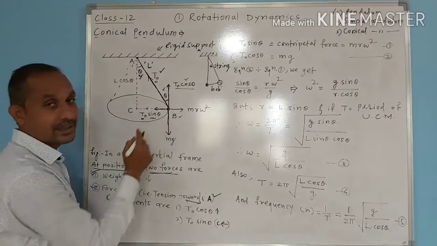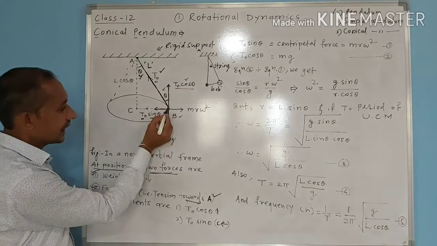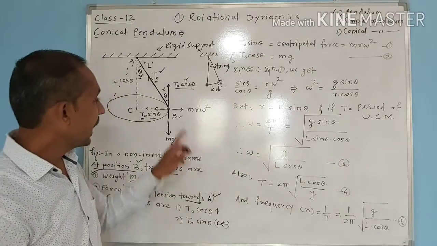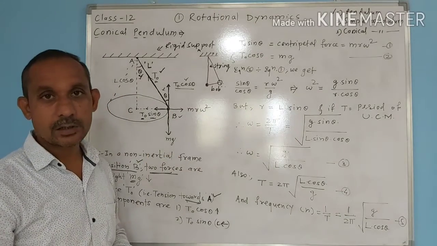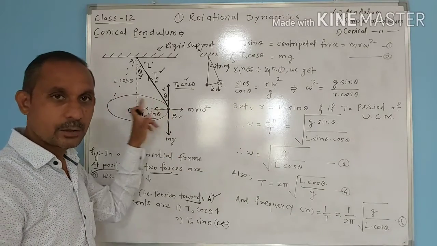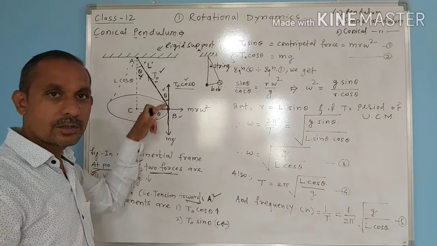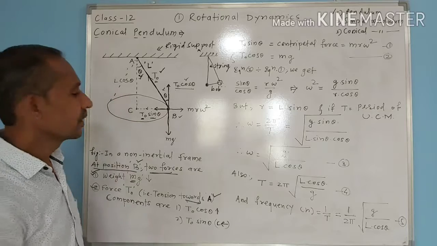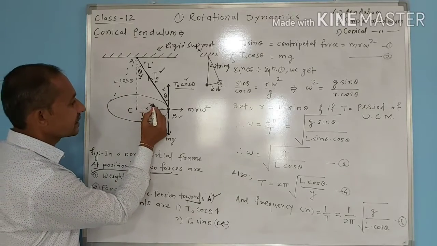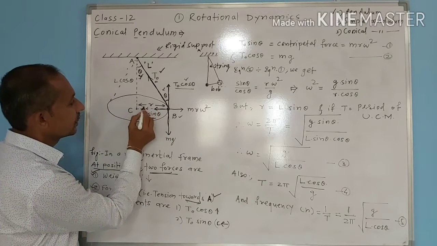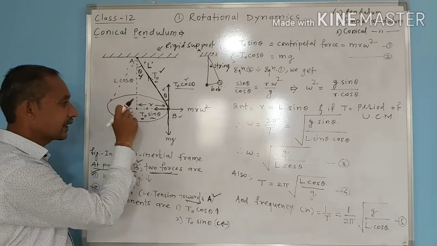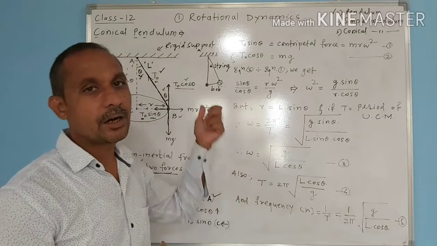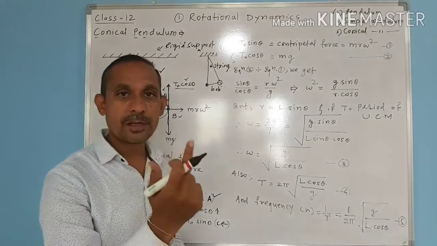This T0 sin theta force or component is directed towards the center, acting on the ball. This component is directed towards the center of the circular motion in this conical pendulum, along the radius, directed towards the center.